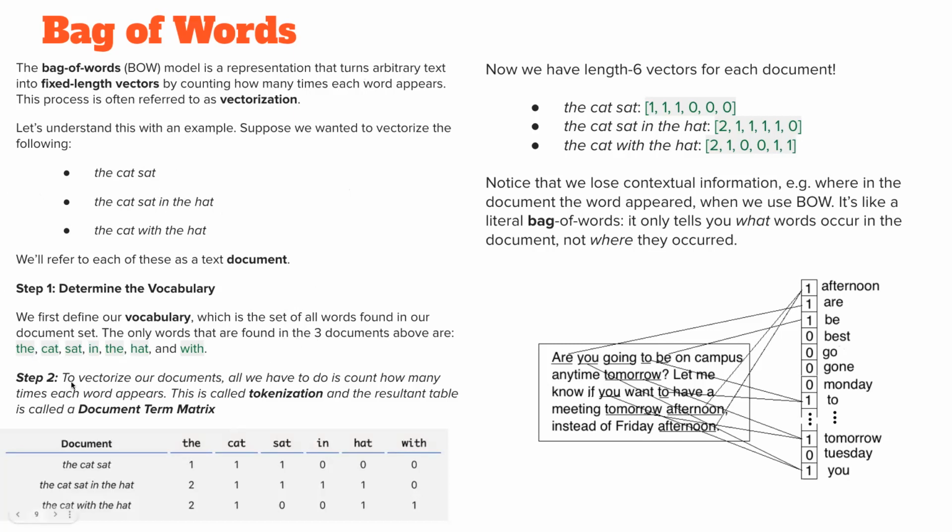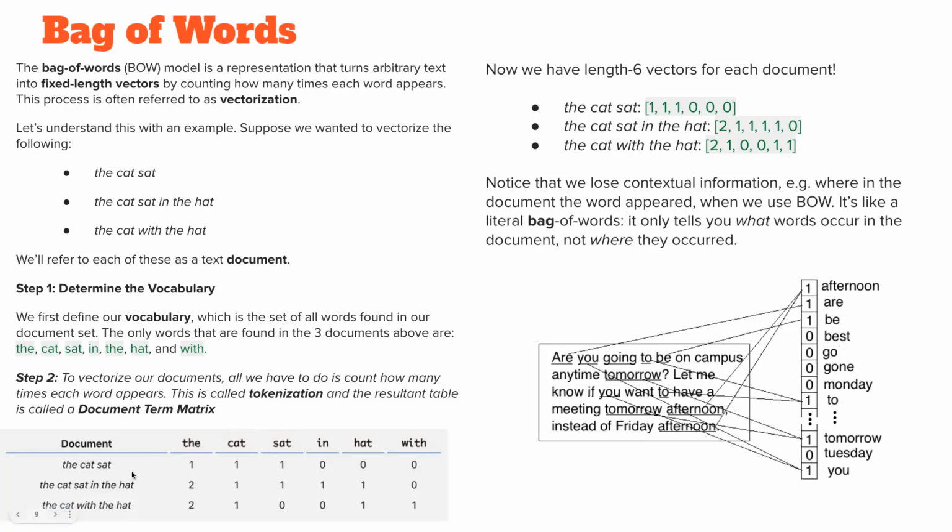Then we vectorize this. So we add the documents, the cat sat in the hat, and so on. In the vectorization of the first example, on the columns we have different individual documents, and then these are vectorized keywords.